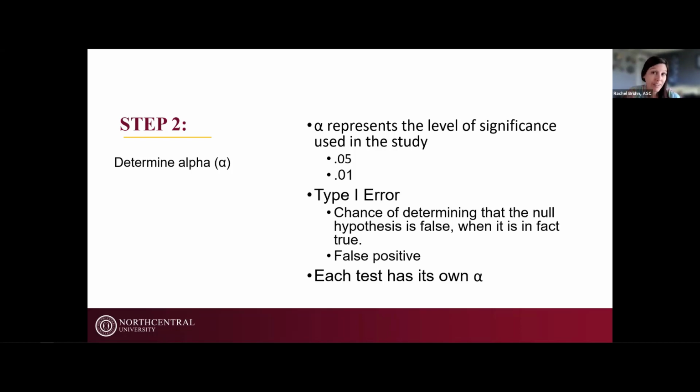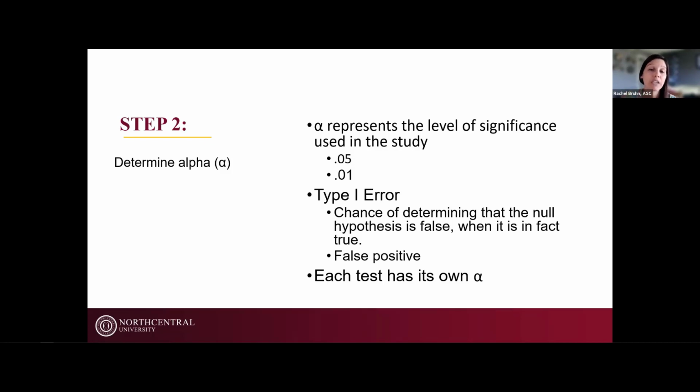So if your study finds significance when the population says there's no significance, you have made a type 1 error. We want to keep the chance of this happening very small. Typically, at the research level, we don't want this value to exceed 0.05, which you can think of as 5%. So there's a 5% chance that I would find significant results when they don't actually exist.